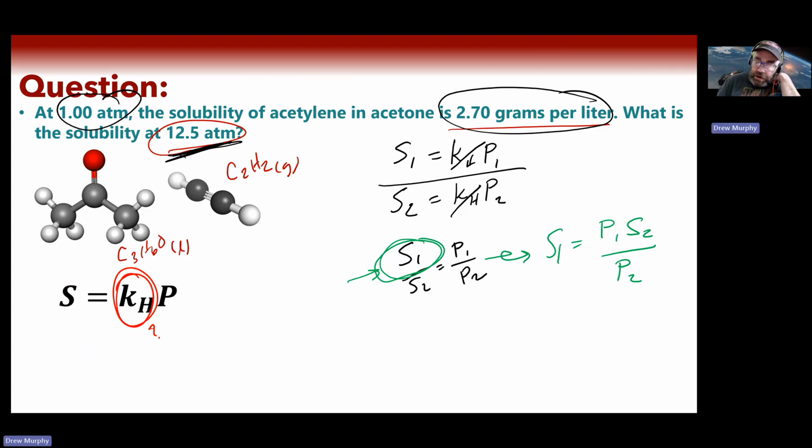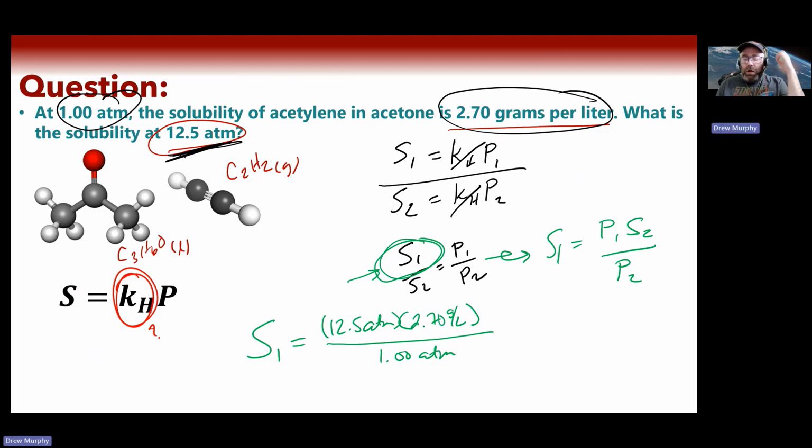So this means that we can say our solubility that we're looking for is equal to the pressure that we're looking for, 12.5 atmospheres, times the solubility that we know, 2.7 grams per liter. We can just write it like that, divided by the pressure of the 2.7, which was 1.00 atmospheres. It should be 2.70.